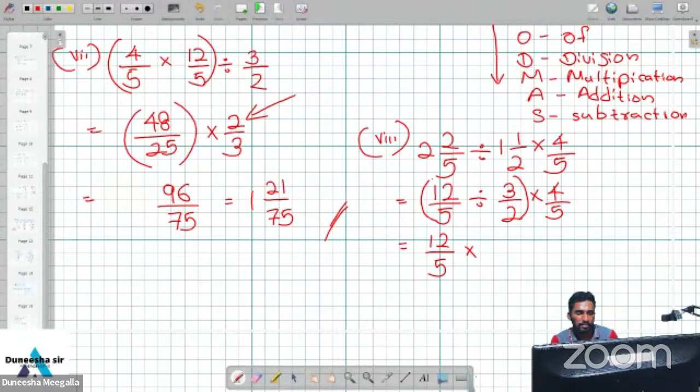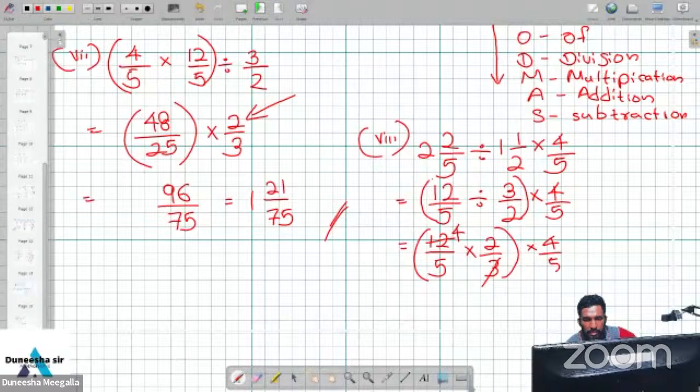Yes, Dulina's answer is correct. 2 over 3 is the reciprocal of it. Then can you simplify it? How many 3s per 12? 4.